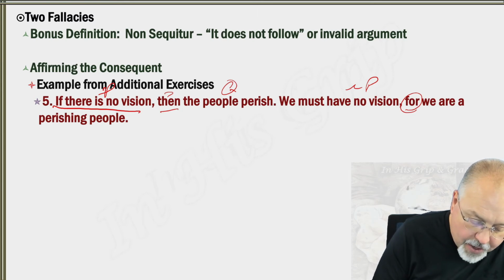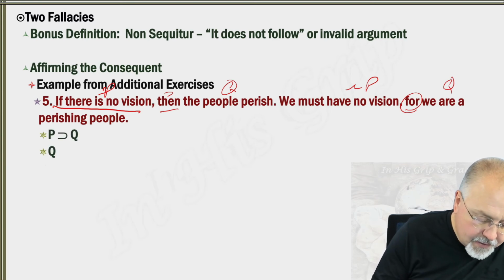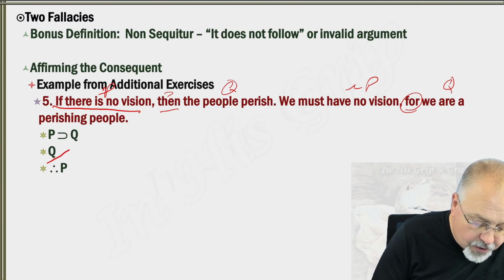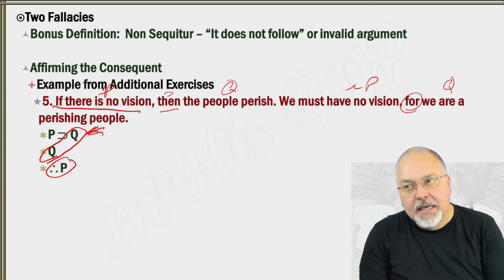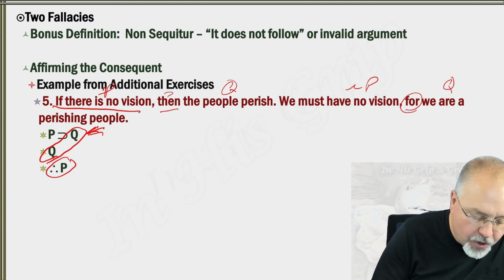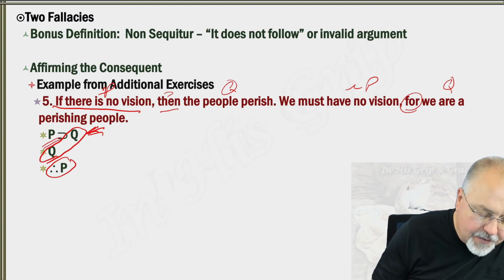We are perishing. Q. We would write this, okay? If P, then Q. Q is true, and notice this is the consequent, is affirming the consequent, saying that the consequent is true, therefore that P must be true. This does not work. This is a fallacy. It does not work at all. If you're going to affirm something, it must always be the antecedent. Okay? This is a fallacy, affirming the consequent.